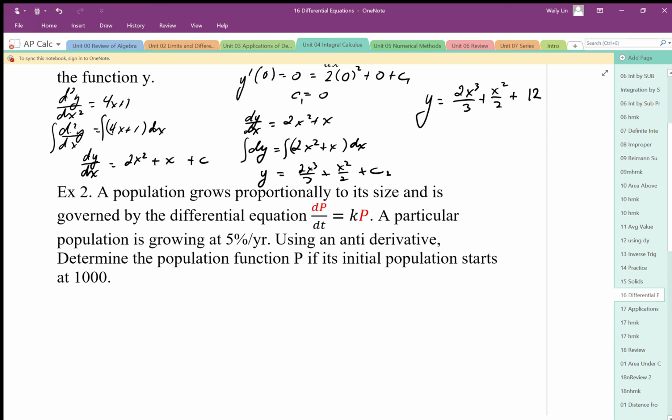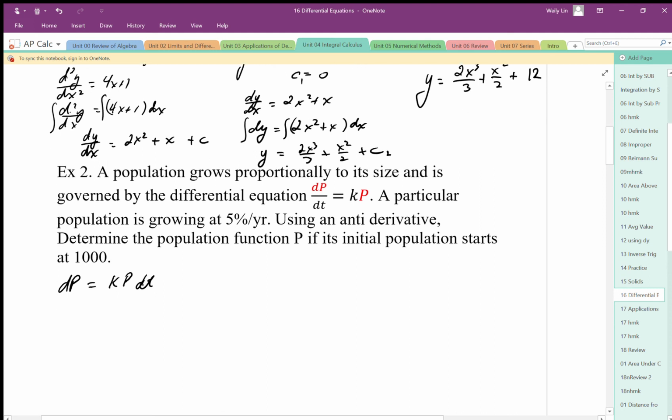So I need to find the p value. I need to solve for p, so I'm going to separate this out. I'm going to say that dp is equal to kp dt, and I'm going to integrate both sides.